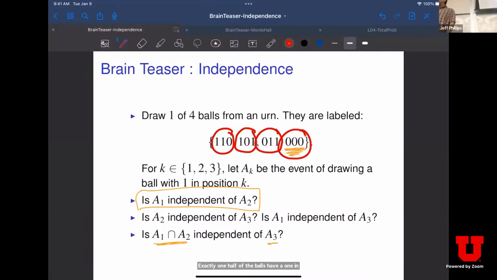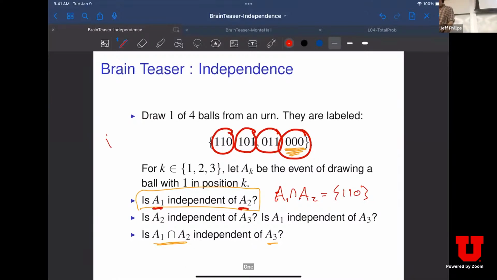If you look at the intersection of A1 and A2, this is only going to be exactly one ball.